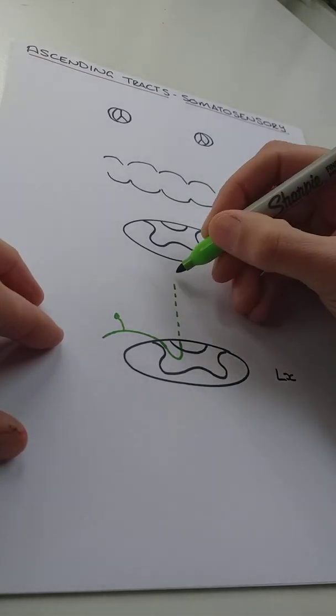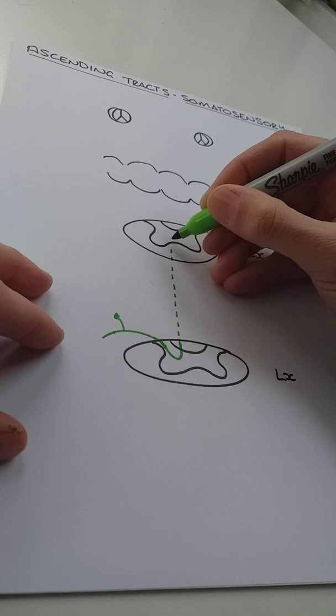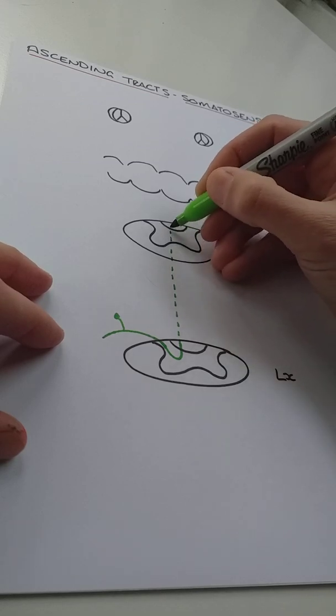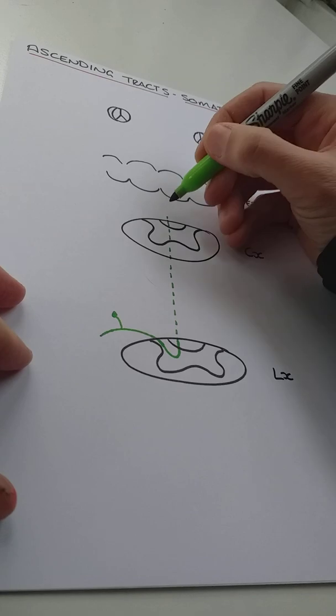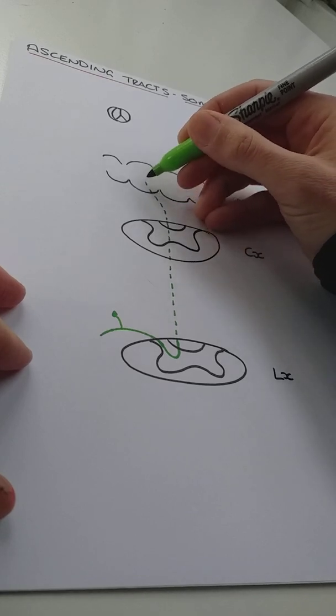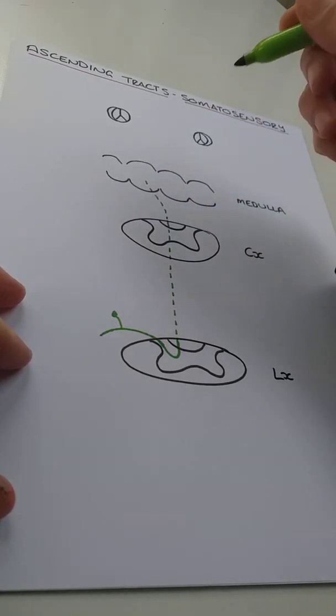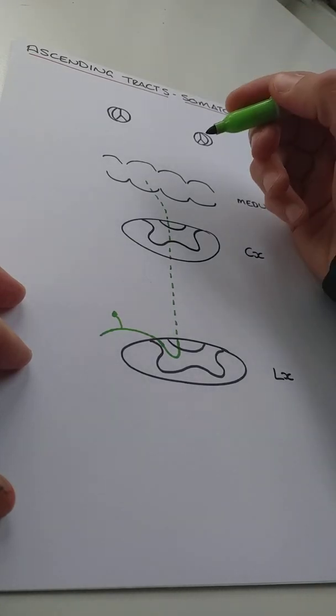So this is lumbar, and it's coming up, and keeps going. So that's your first bit so far, and then that heads into the nucleus of the medulla.